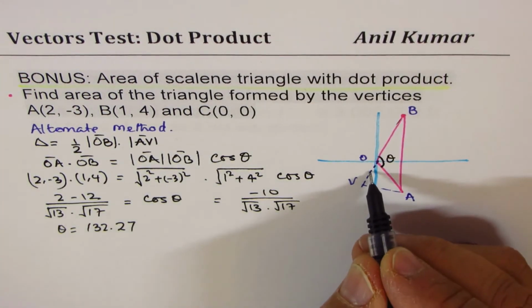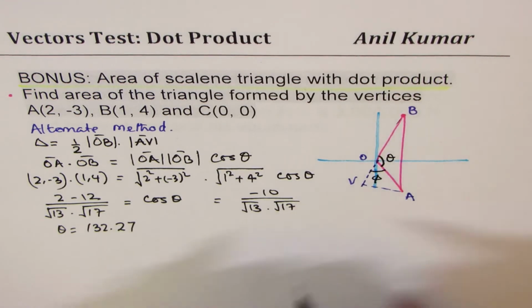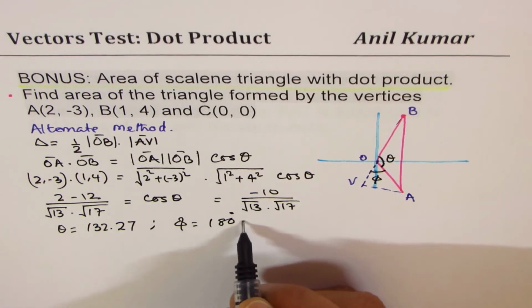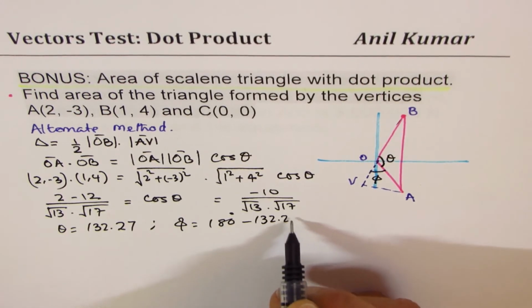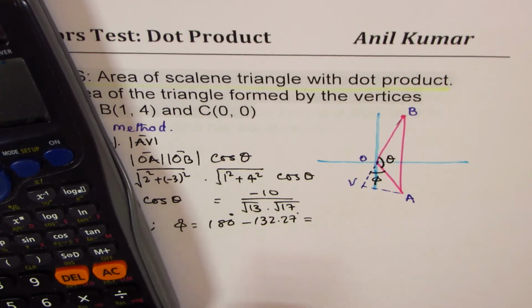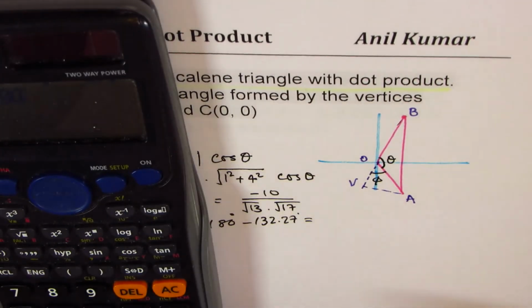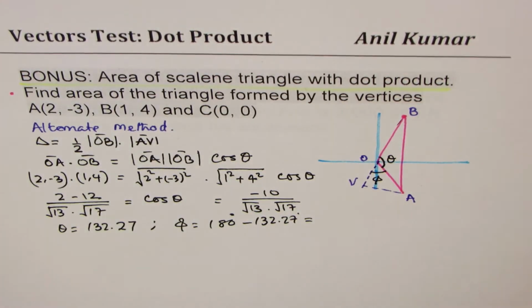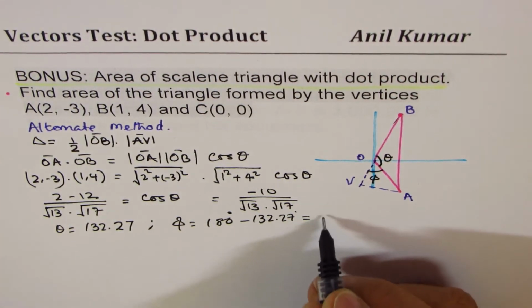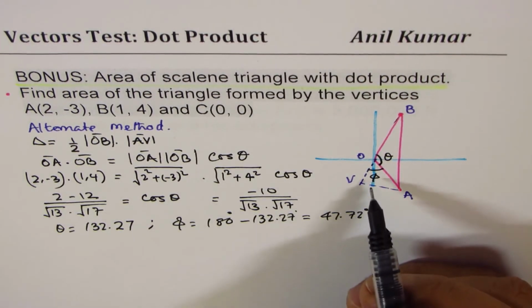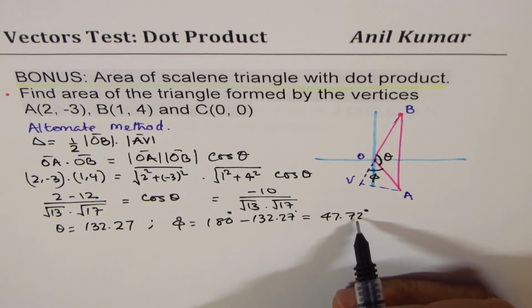Now, from here we can find the angle phi. So phi is equal to 180 degrees minus 132.27 degrees, which is 47.72 degrees, correct? So angle phi is 47.72 degrees.